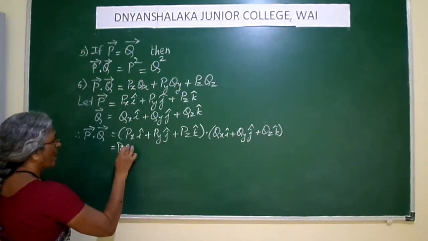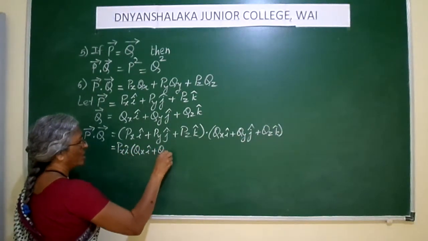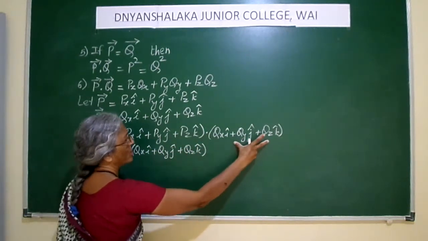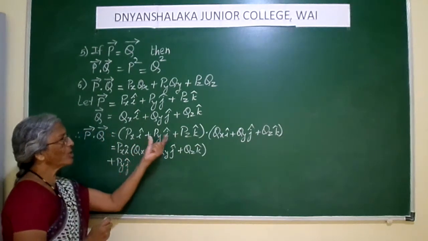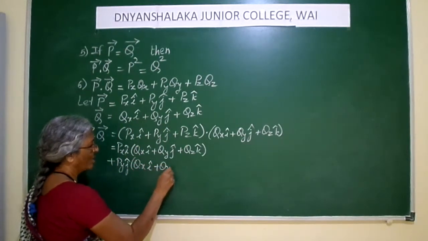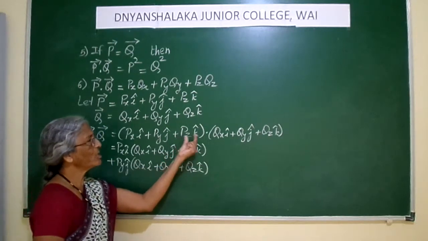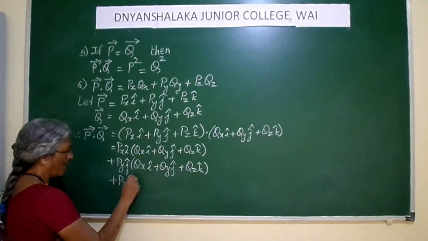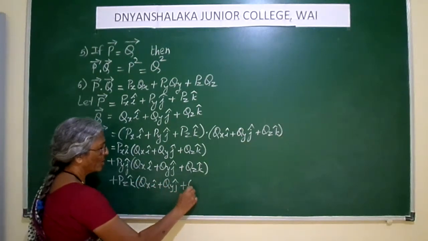This becomes pxi into (qxi plus qyj plus qzk), plus pyj, this term into this entire bracket (qxi plus qyj plus qzk), and now this term into this entire bracket, the sign is plus, so plus pzk into (qxi plus qyj plus qzk).